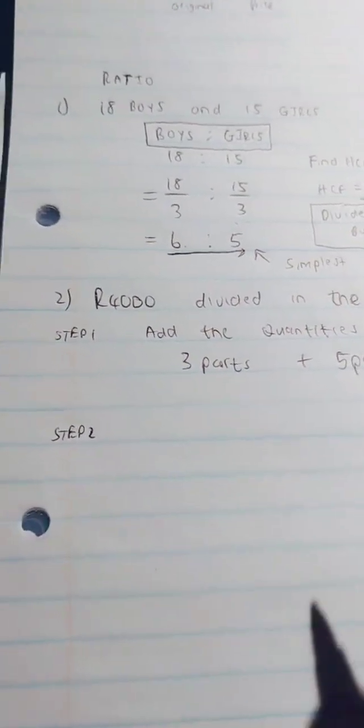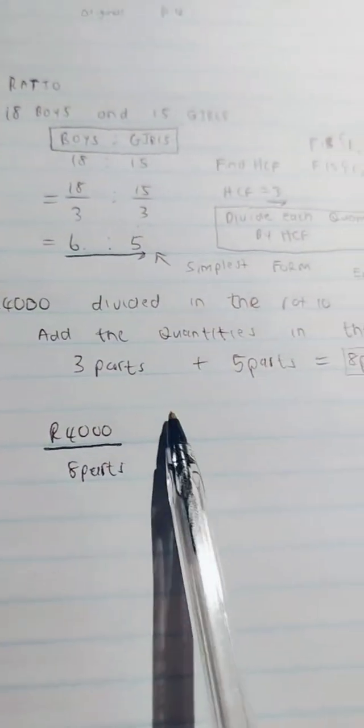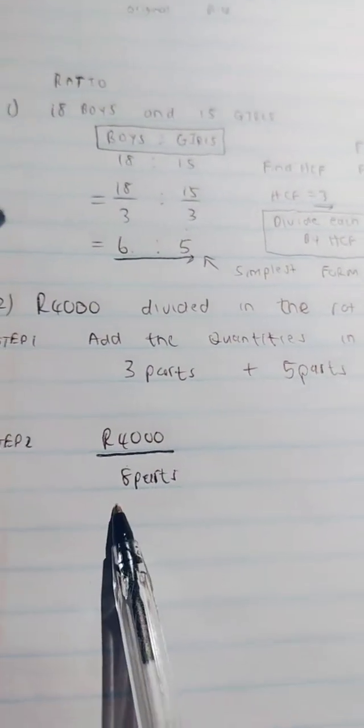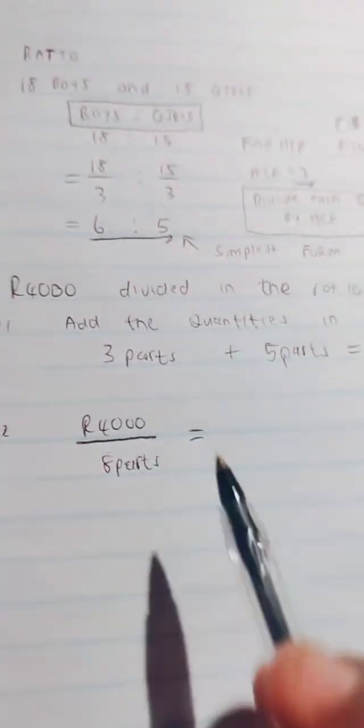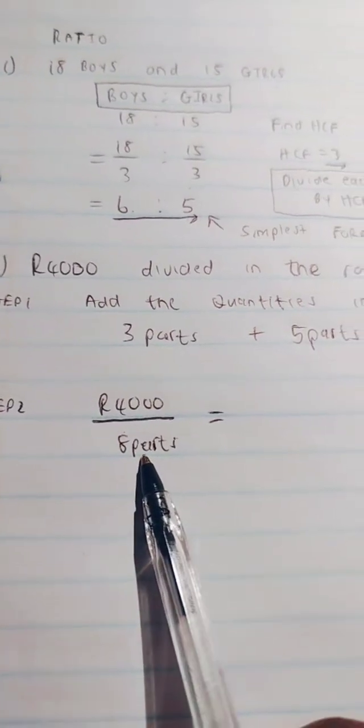It would be nice to know how much is represented by 1 part. So we take the 4,000 rand and we divide it by the total number of parts. So 4,000 rand divided by 8. I need my calculator people to tell me what is 4,000 divided by 8.